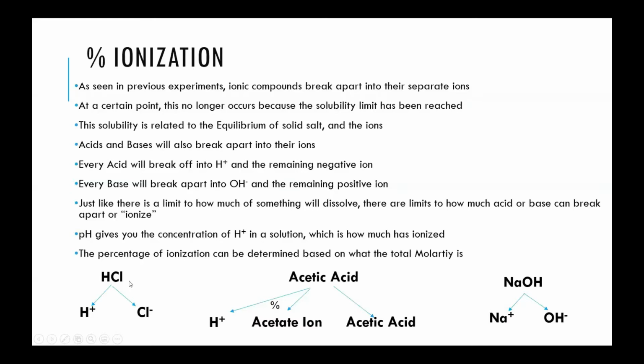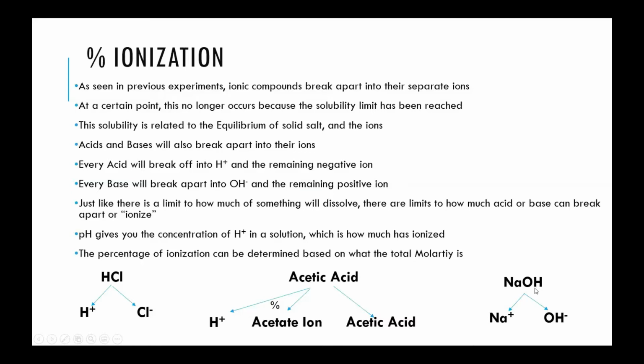So hydrochloric acid is a strong acid. If you have a 1 molar solution of hydrochloric acid, it fully breaks apart into its separate ions. That means there will be 1 molar H plus and 1 molar Cl minus. Sodium hydroxide is a strong base.